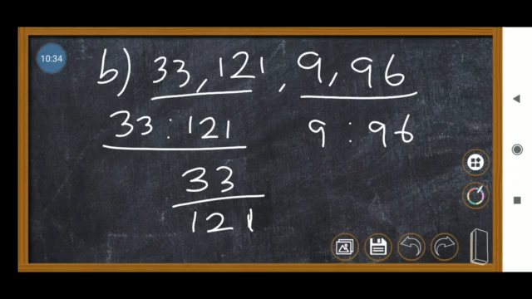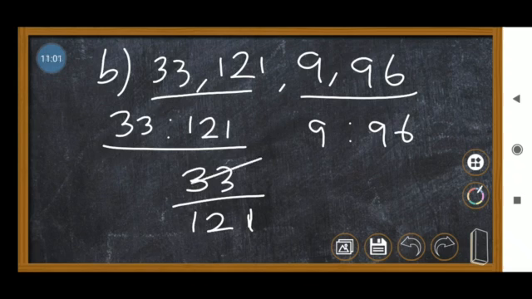Okay, so just check which table will come. 3 table means 11 3s are 33, but here it will not divide, no. So the first table will not come, second table it will not come, and fourth table also it will not come, 5 it will not come, 6 it's not coming. So 7, 8, 9, 10, 11th table, just check it.